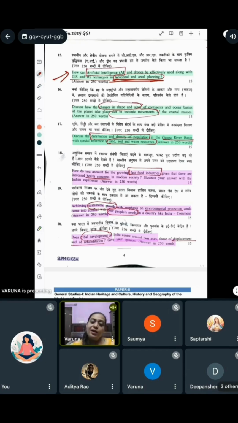We have to relate that with different topics nowadays. So whenever you are preparing a particular topic, keep that in mind: can I relate AI and data or drones or GIS or RS to that particular topic or not? Okay.